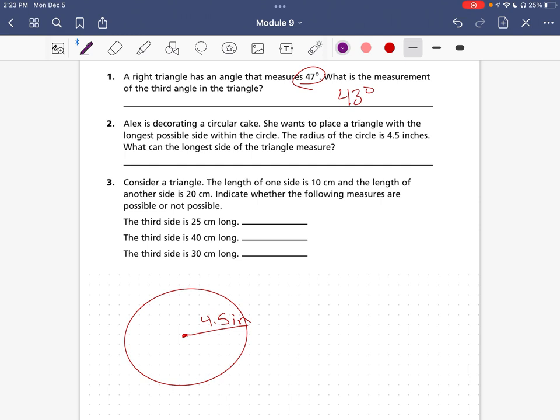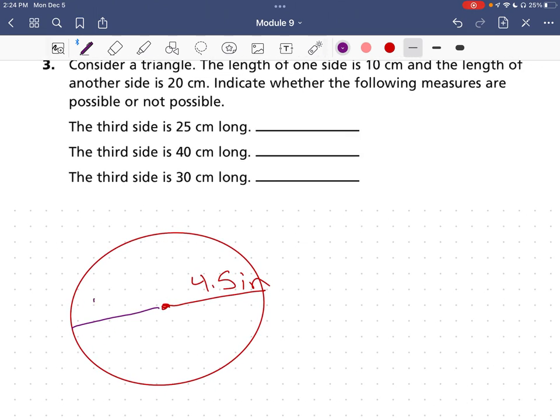Now our longest distance, our widest distance of a circle, is our diameter. So that means it's going to be from one side to another. Now what is the length of this purple side? The radius is 4.5. That means this is also 4.5 because it's also a radius. But that means, what's our diameter?